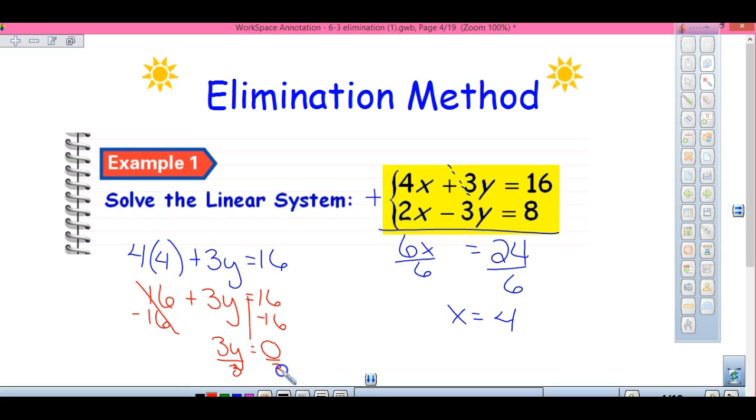Divide by 3. So y is 0, because 0 divided by 3 is 0. So my intersection point, or my solution, is, what's my x? Comma, what's my y? So my solution is 4, comma 0.